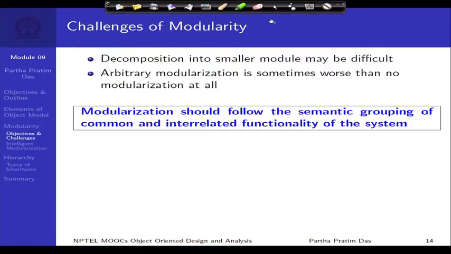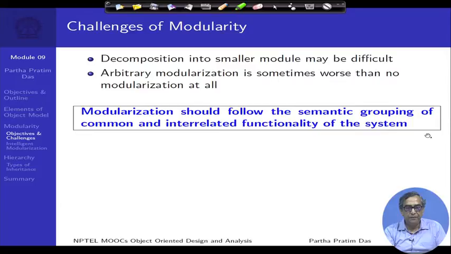Now, certainly in life no lunch is free. So, when you engage in modularization, try to meet these objectives, then you often come across challenges. For example, given a general system, it is not often easy to decompose it in terms of smaller modules.